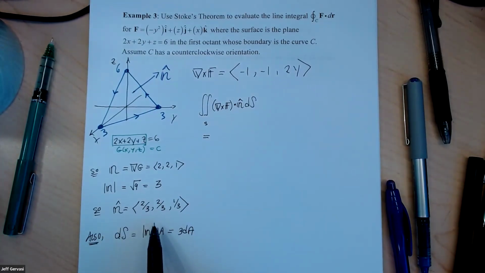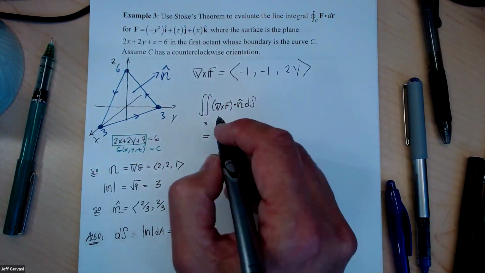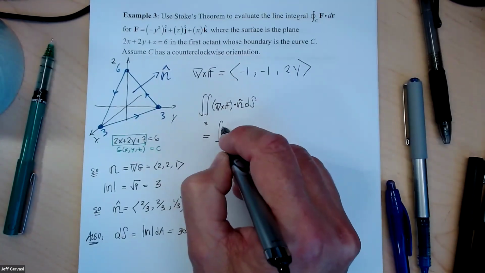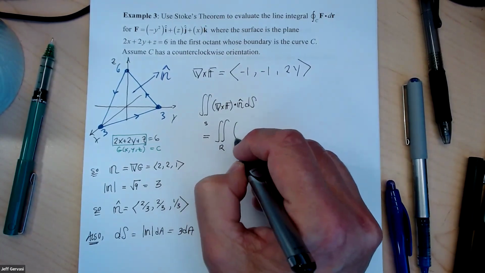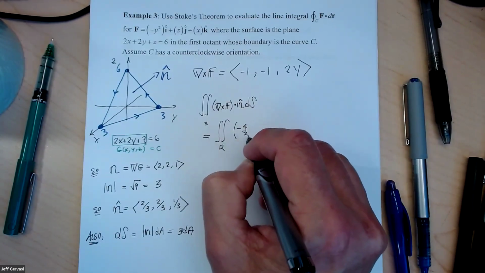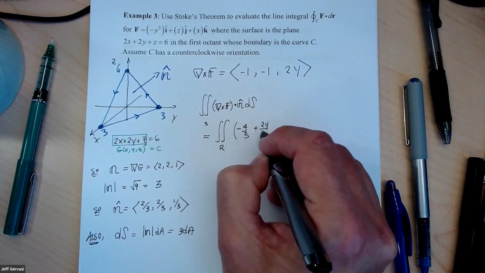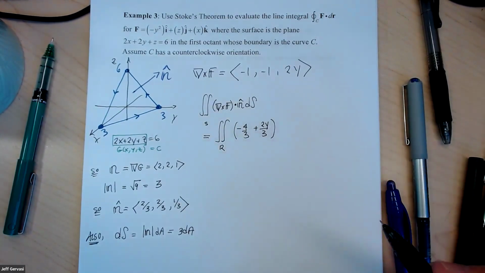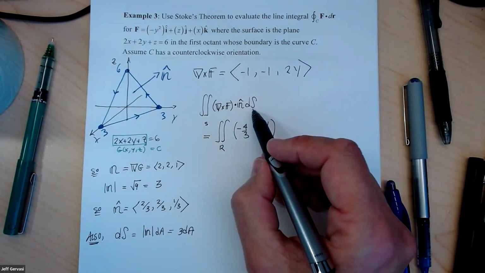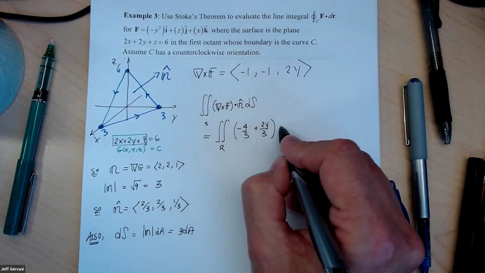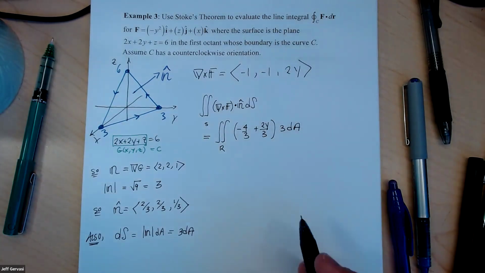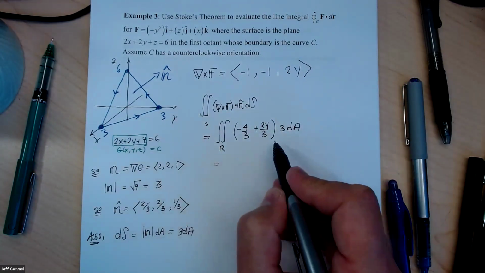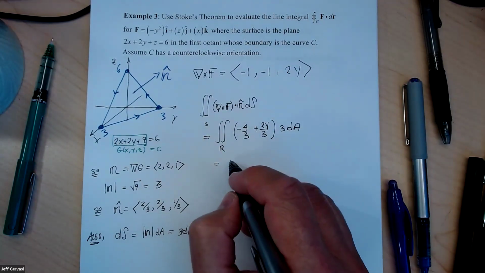When I dot those 2 things together, we're going to wind up with this, okay, and then we multiply by the differential element of surface area. Okay. Now, of course, I can cancel those 3's.